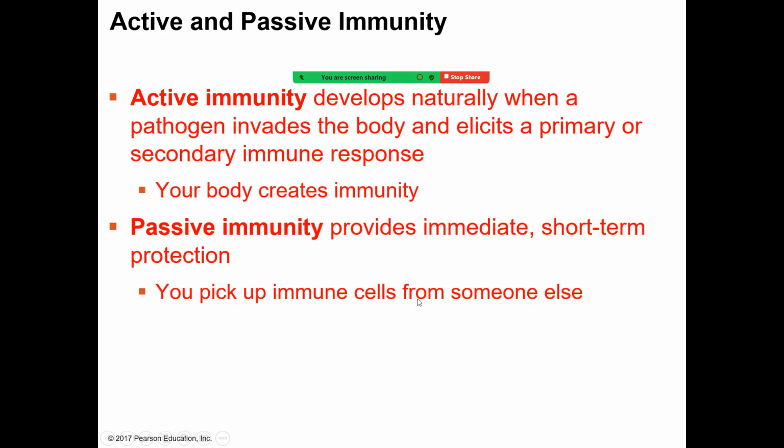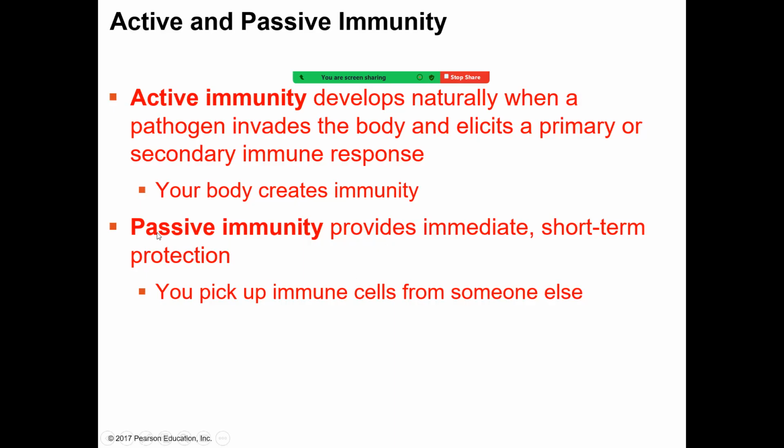Passive immunity is when you are picking up immune cells or pieces of immune system molecules from someone else, either another animal or another person. Passive immunity is not a situation where your body is developing these cells or these molecules, but you are picking them up from another person.